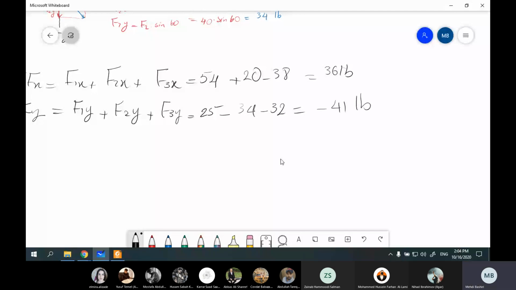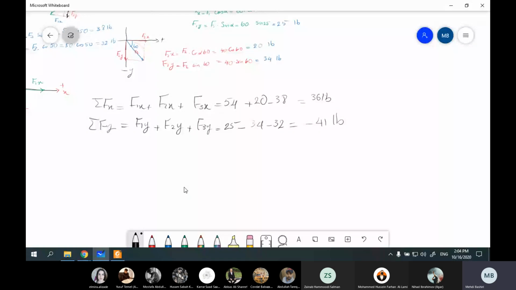So if I ask you to find the total summation, or R, as I said, this is, for example, Fx, this is Fy. R is equal to the square root of Fx squared plus Fy squared.